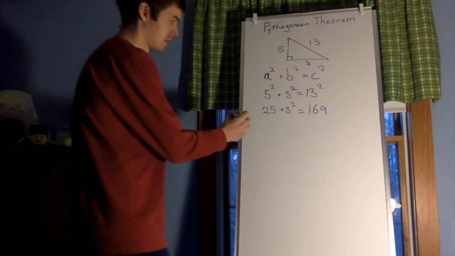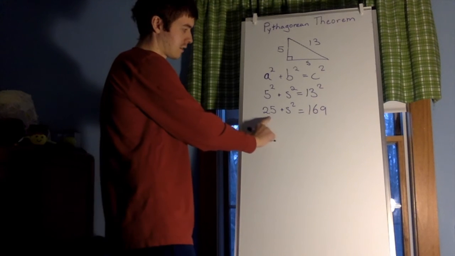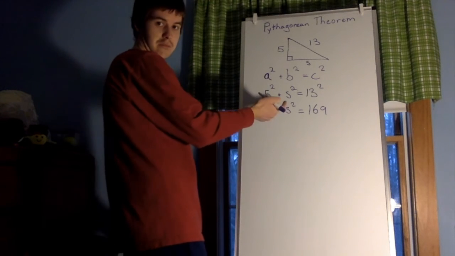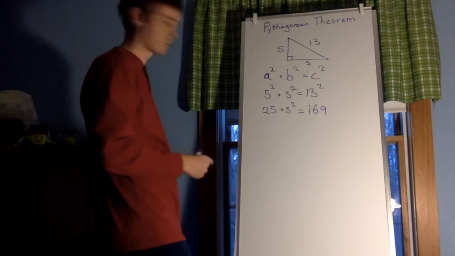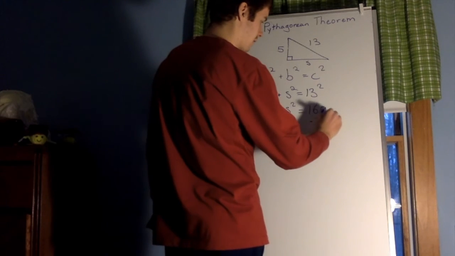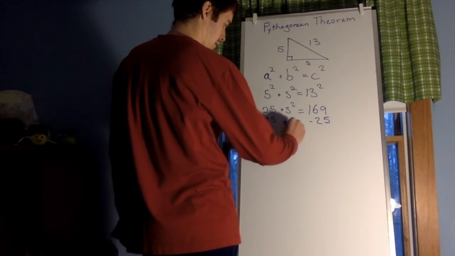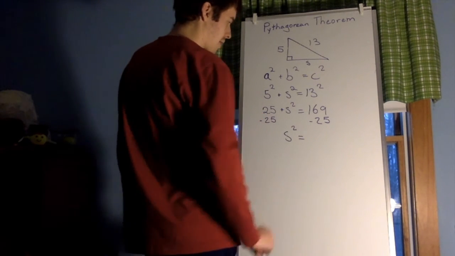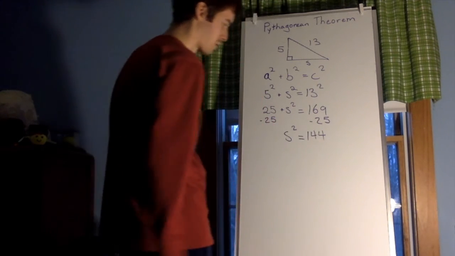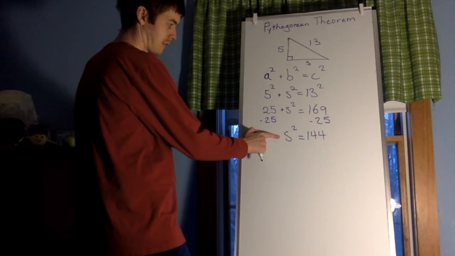I need to notice that I've got a constant over here with my variable term, and I have to get rid of this because I'm trying to isolate S. I'm trying to get S on its own. So I'm going to subtract 25 from both sides, just like that. And I get S squared equals 144.